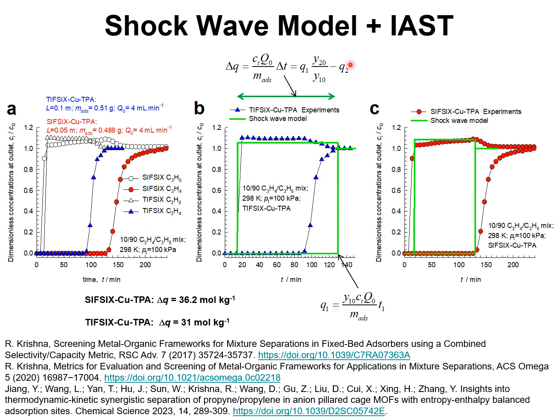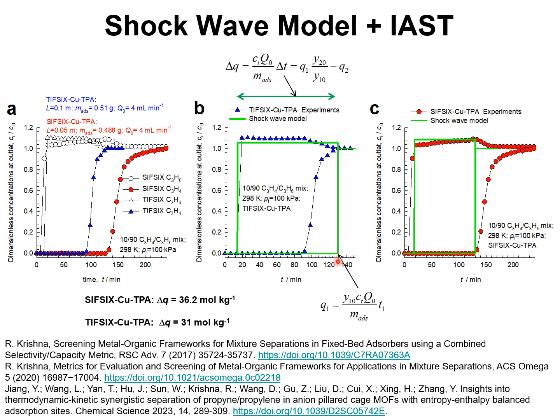We can determine from the IAST the component molar loadings in equilibrium with the partial pressures in the bulk gas mixture entering the adsorber, and the component loadings are respectively q1 and q2. I beg your pardon, q1 is for propyne, component 1, and q2 is for propene.